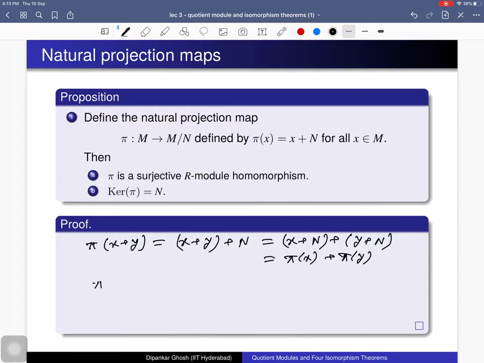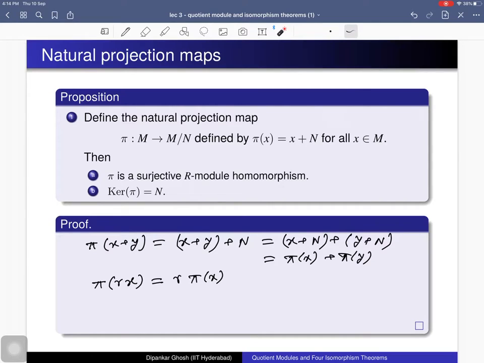And similarly, one can prove that it preserves scalar multiplication as well. So pi of r times x is r times pi of x. And why is it surjective? Because each element of M mod N looks like this for some x coming from M. So this is a surjective R module homomorphism.